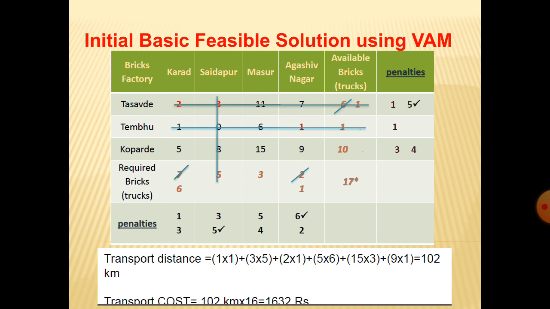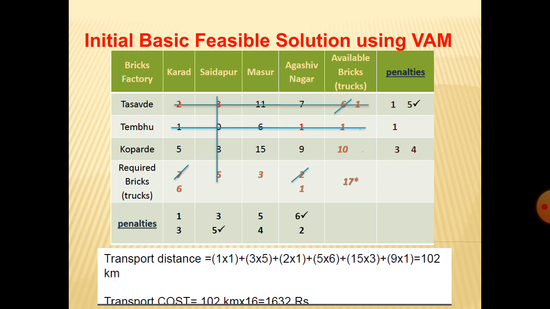Then in the requirements, you have to remove: 2 minus 1, you will get 1 remaining available. You have to cancel. Understand? You have to allocate.